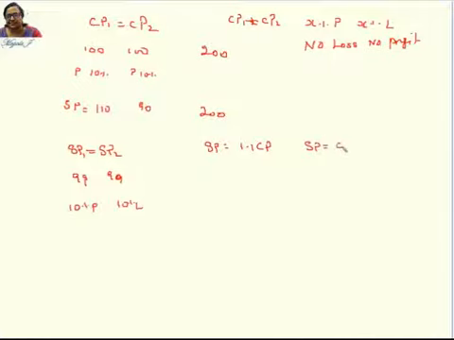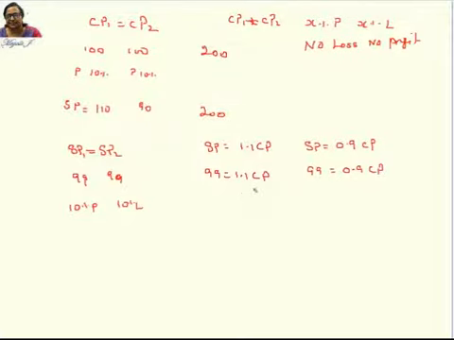Selling price is equal to 0.9 CP in the other case. The cost price is not mentioned, whereas the selling price we are taking as 99. So let 99 be equal to 1.1 CP. Here it is going to be 99 equal to 0.9 CP.